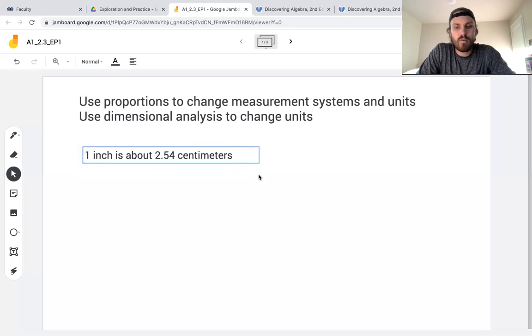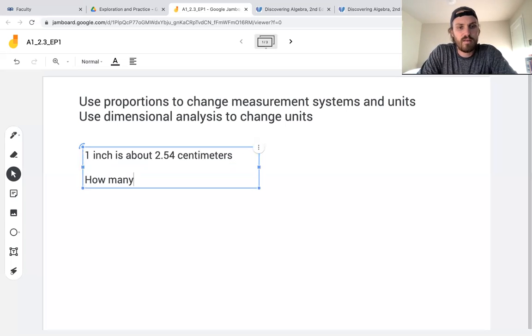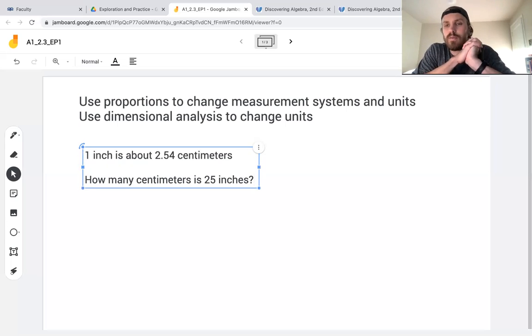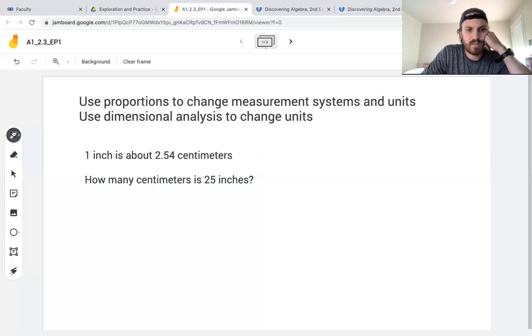And so a question that you could ask is basically how many centimeters is 25 inches? And you might be thinking, well, Alvin, I could just multiply 25 by 2.54 and I've got the number of centimeters. And you're right. You're totally right.